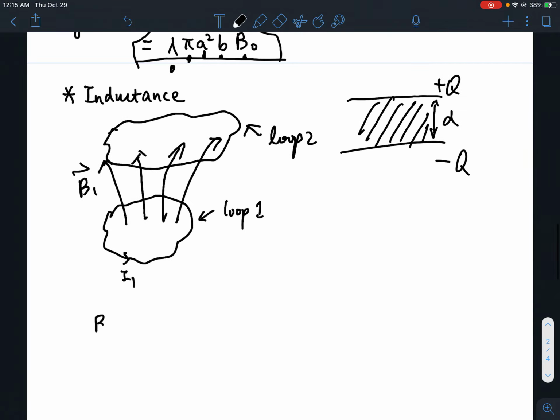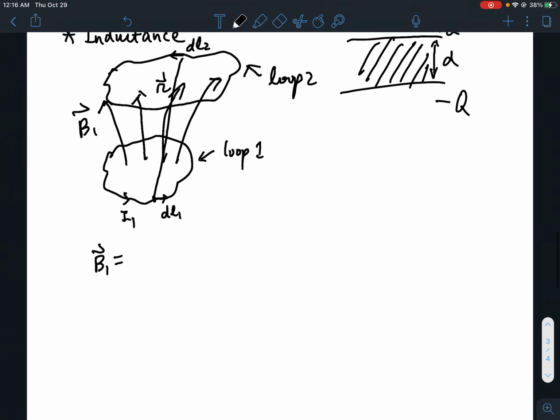We can use the Biot-Savart law, that I introduced here, to calculate the magnetic field. Let us consider a small length dl1 here, and a small length dl2 here. This is the separation vector.